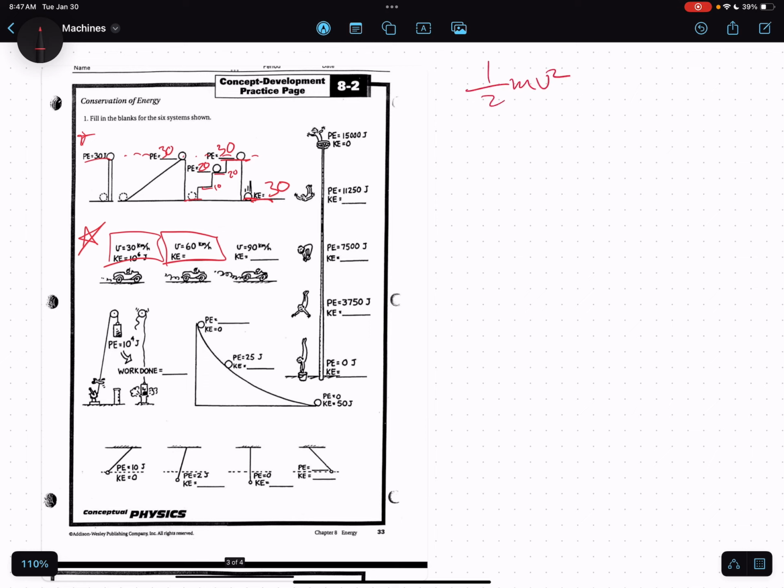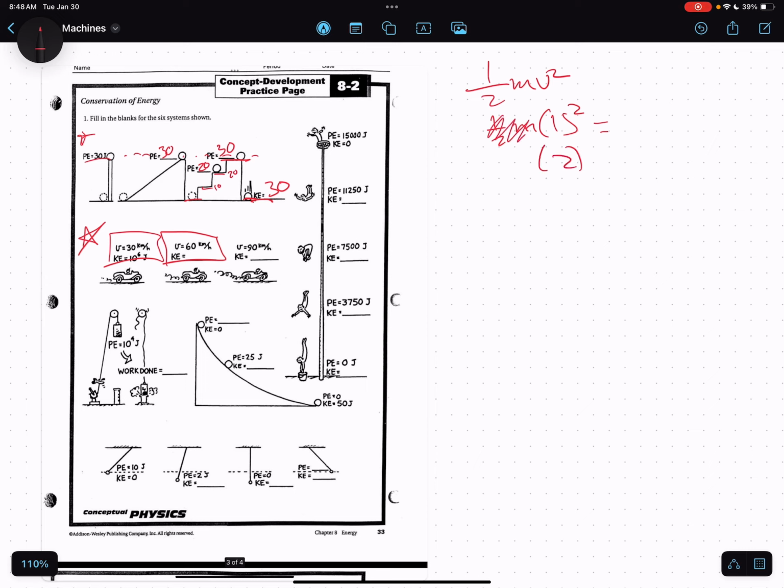The kinetic energy equation is 1/2 mv squared. So if I have a velocity of 1 in here and I square it, I'd get one number. Okay, some type of kinetic energy. Let's ignore the 1/2 and the m.